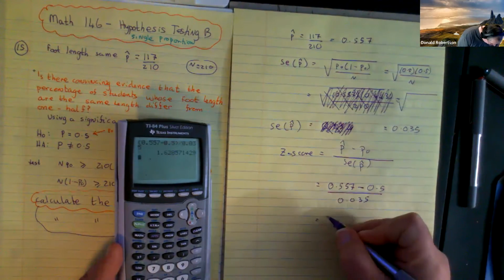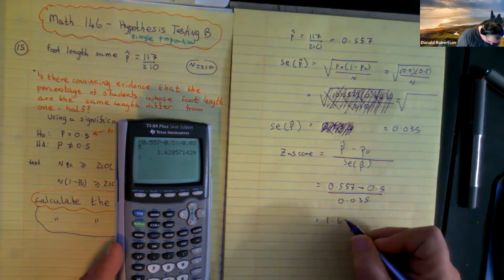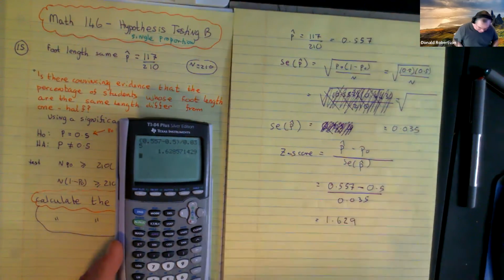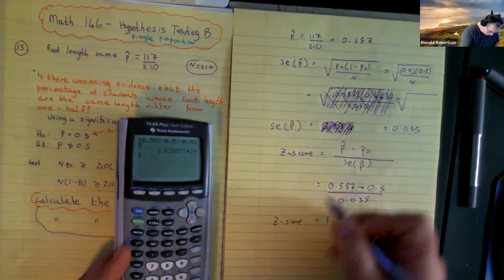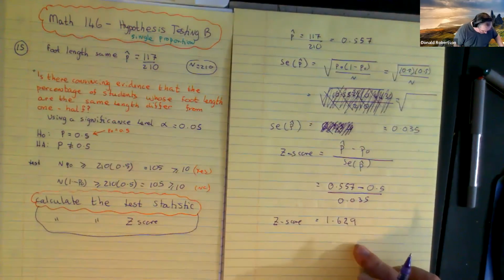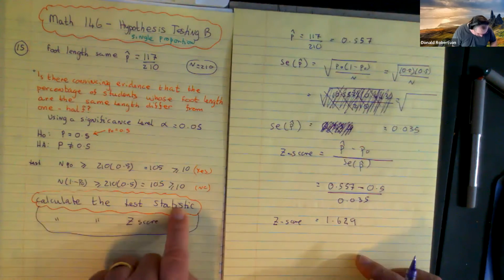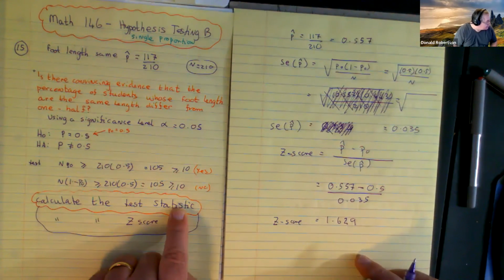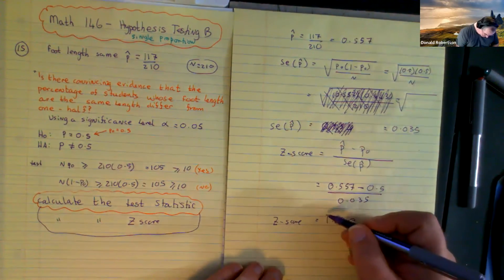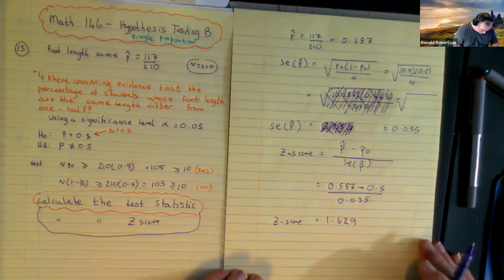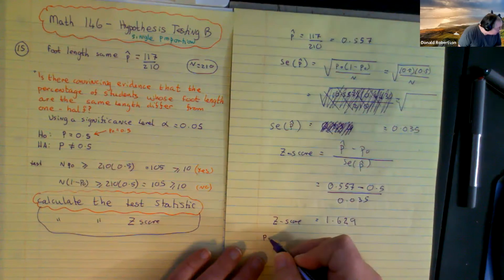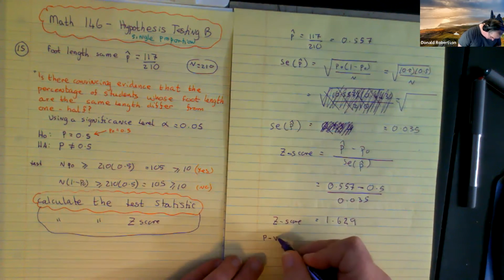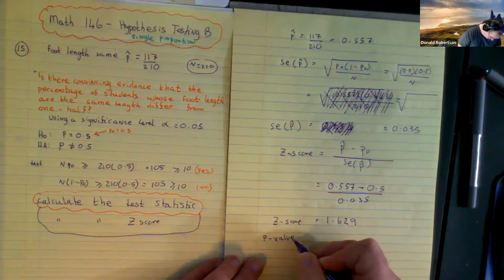And the answer I get is 1.629. There we go. So all of that work was so that we could calculate the test statistic. And we're good. So the next thing they ask us is to find the p-value.